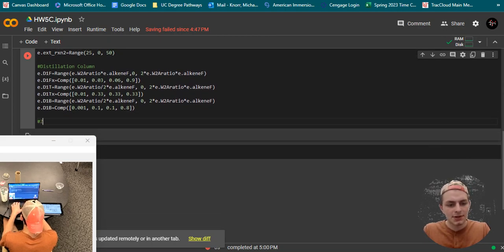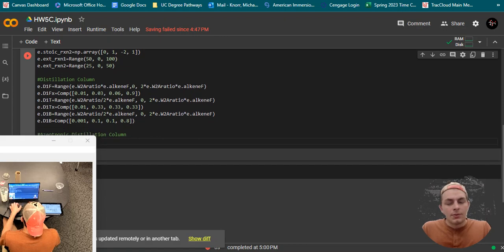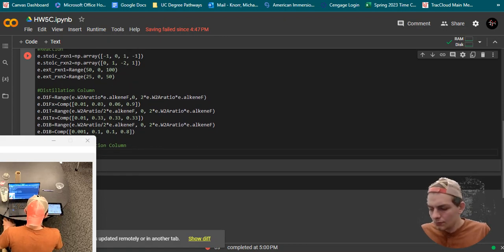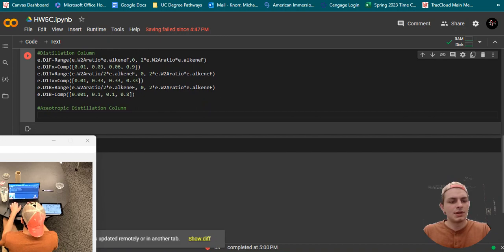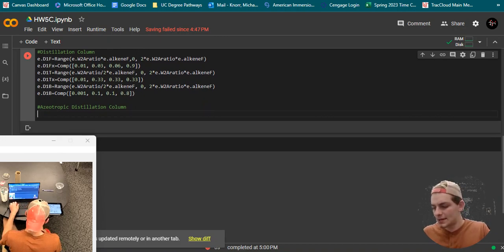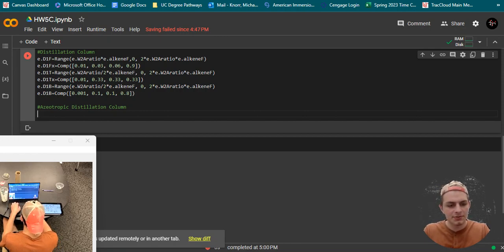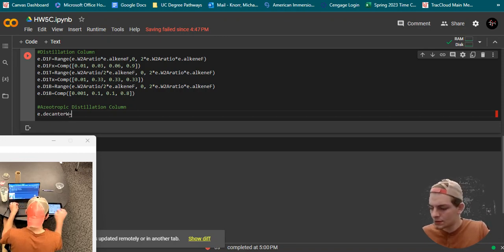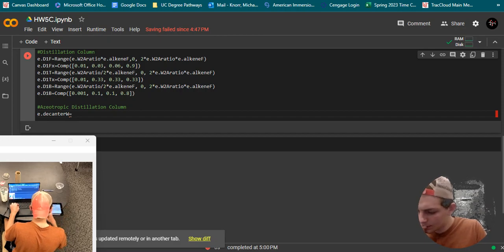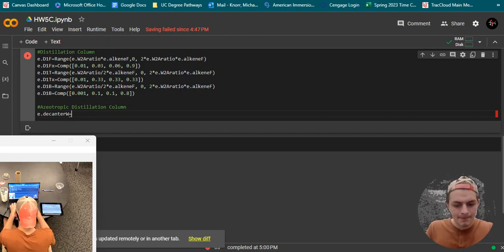And now we need to mess with our azeotropic distillation column here. With this, we've already given it a feed, being the D1 tops, and so we need to go ahead and then mess with the output streams, which is going to be first the decanter water, which is, let's see here, we were given the mole fractions of that in our conditions.